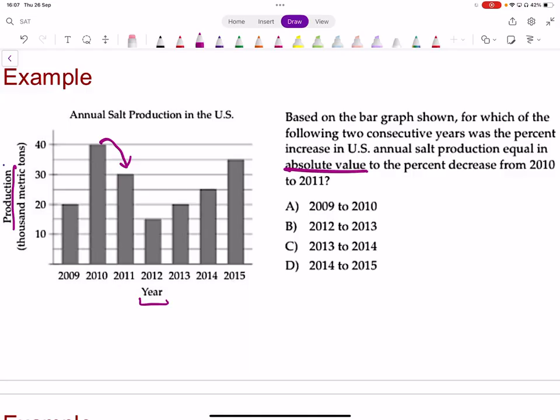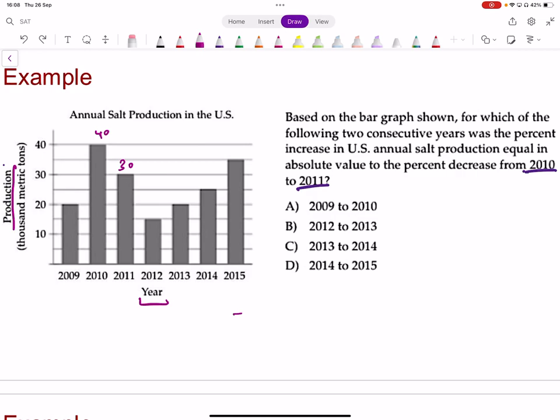So first thing you should do is do this calculation. 2010 to 2011, what's the percentage decrease? How do you calculate that? New value minus old value divided by old value, right? What's the new value? 30. Old value? 40.